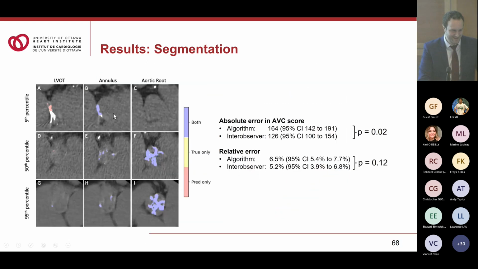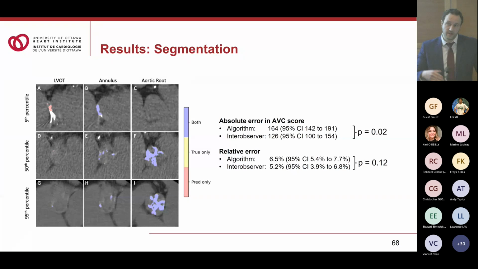Oh, there we go. We also then looked at segmentation and how accurate we were at segmenting the aortic valve calcium. So using the algorithm, we got an absolute average error of 164 units in terms of calcium score.